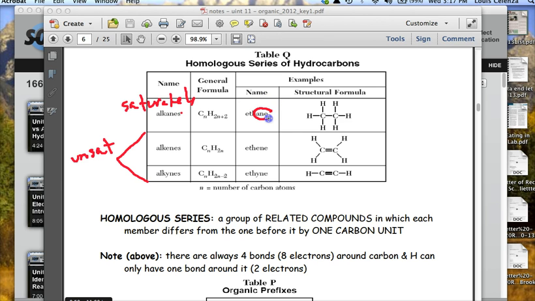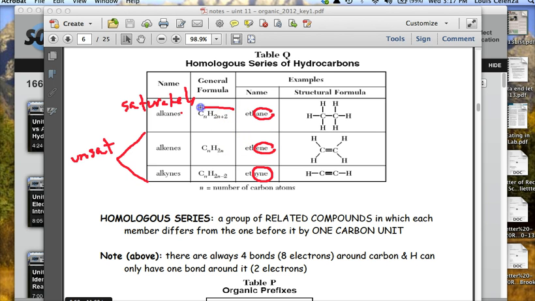Notice how it ends in A-N-E, same as the type of hydrocarbon. Alkenes all end in E-N-E, and alkynes all end in Y-N-E. That's going to be important because if I give you the name of a compound, you have to be able to tell me if it's an alkane, alkene, or alkyne, or if it's saturated or unsaturated. So you need to know that.